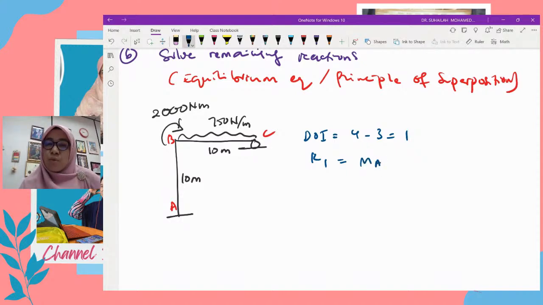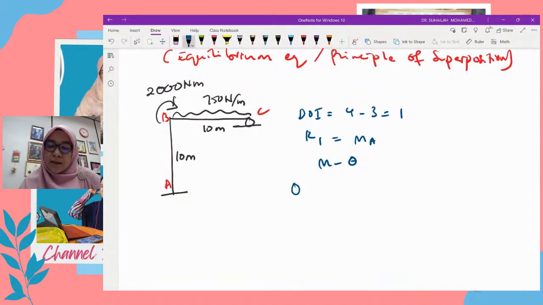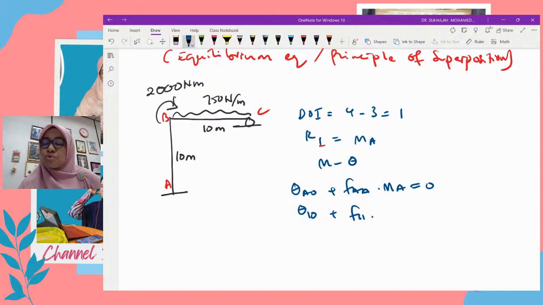Remember that the moment as redundant is M theta. So we get theta A naught plus FAA MA is equal to 0. Or, because the label is 1 here, we can write theta 1 naught plus F11 times R1.